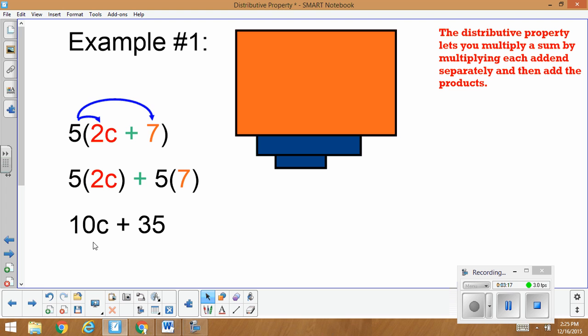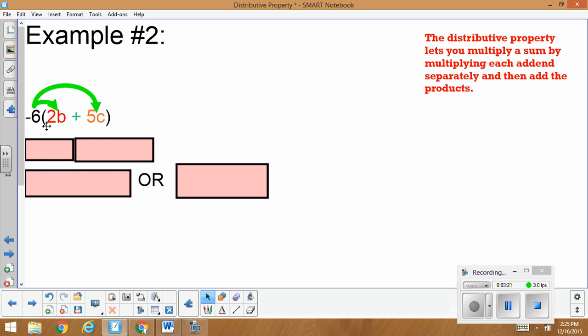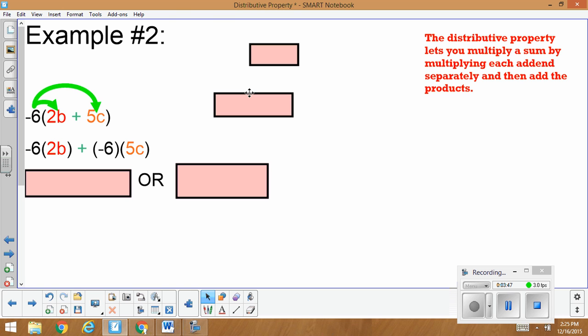Okay, so here's example number 2. Pause anywhere you need. So example 2, we have negative 6 times the quantity of 2b plus 5c. So I can't add these two terms because their variables are different. So I'm going to multiply the negative 6 to both of these terms. So negative 6 times 2b plus, I'm going to take this negative 6 times it to the 5c.